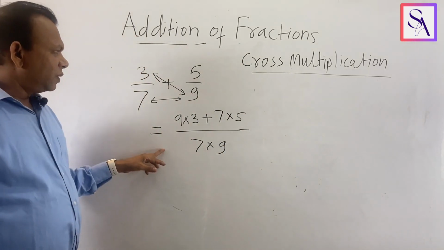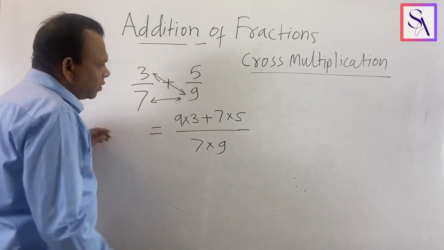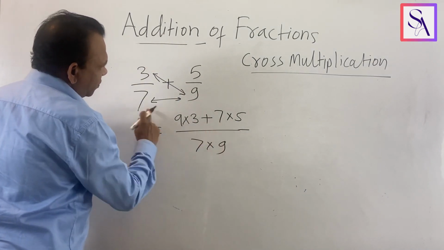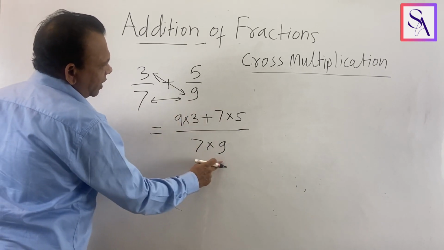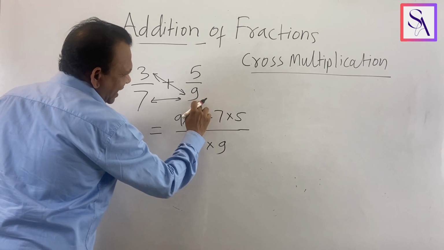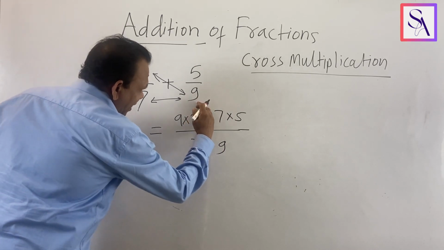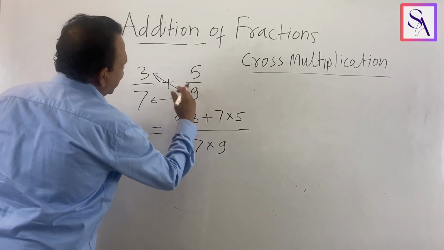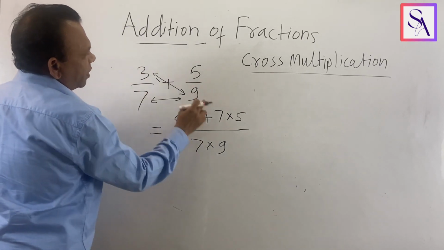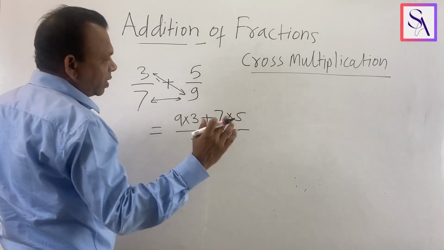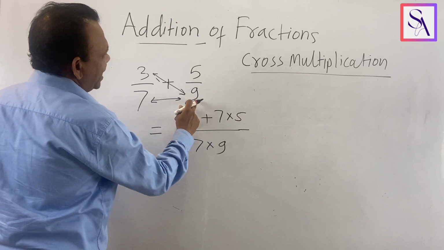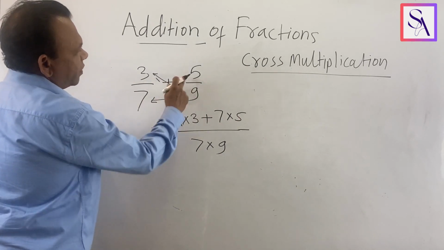What I have done? I have done cross multiplication. 7 into 9 in the denominator to make the denominator the same, right? Then I will start from the right hand side. This is 9. From 9 I will go up, 9 into 3 plus 7 into 5. You have to remember, you have to start from the right hand side, right? 9 into 3, 7 into 5.